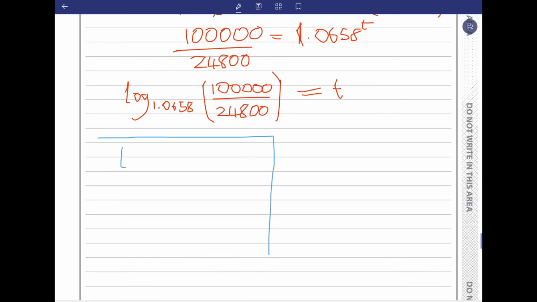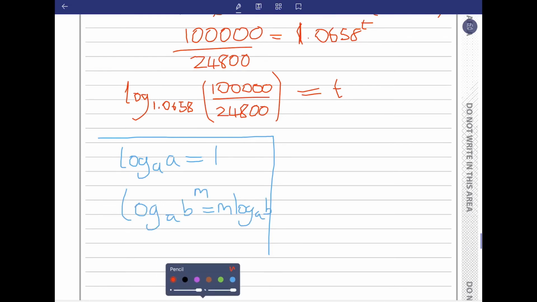For any base a, log a of itself is 1, and we also have log a of b to the m equals m log a of b. So combining these two rules is how we get the t on the right hand side there.